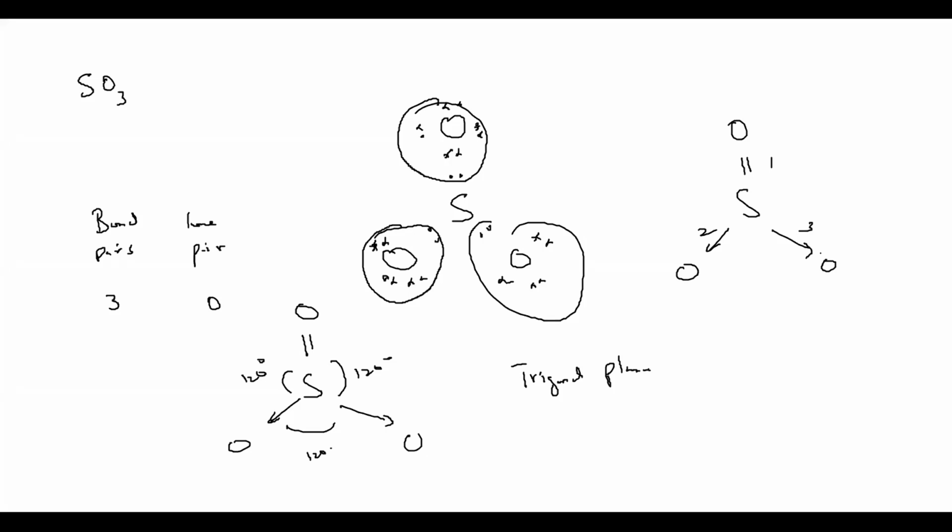In the same way, if I draw BF3 or BeCl3. When we draw BeCl3, BCl3, not BeCl3, boron trichloride. So chlorine forms a single bond.